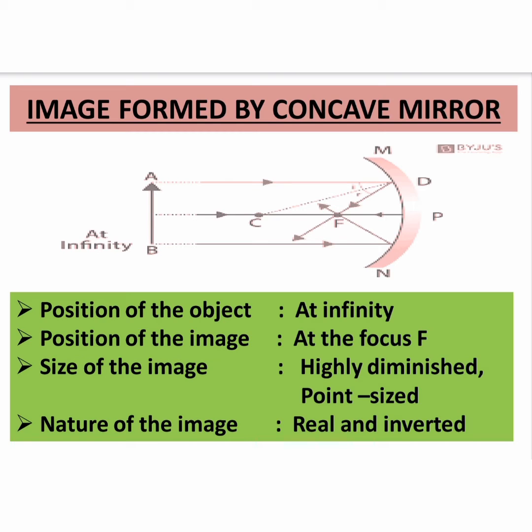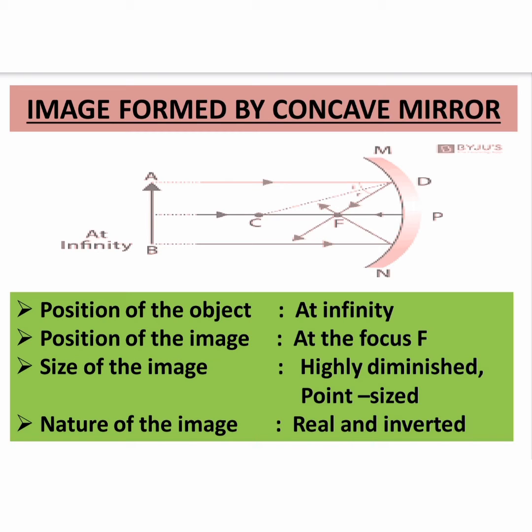Next, what is the size of the image? While comparing with the object at infinity, the image height is decreased. The height of the image which is obtained is decreased while comparing with the object position.